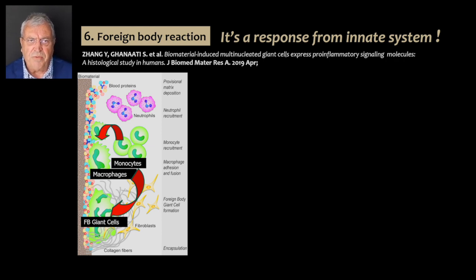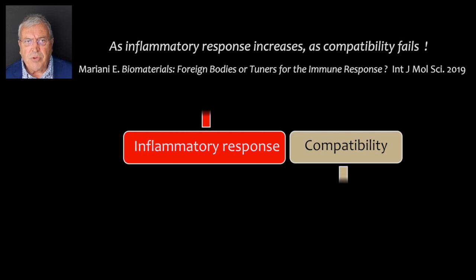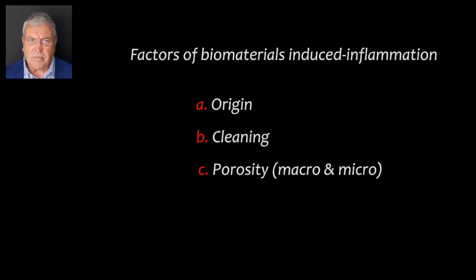And then when the inflammation persists, the monocytes become macrophages, and the macrophages become foreign body giant cells. It means that the compatibility is related to the inflammatory response. As the inflammatory response increases, the compatibility fades. This is what we need to have in mind.